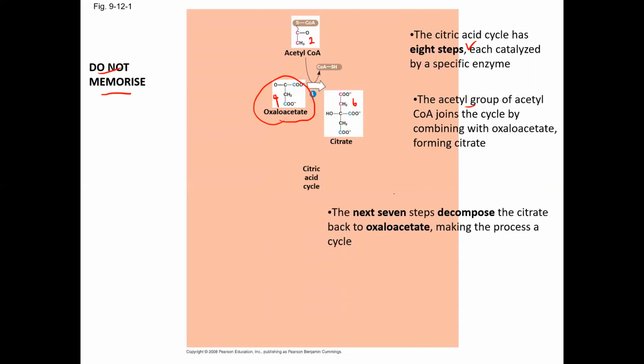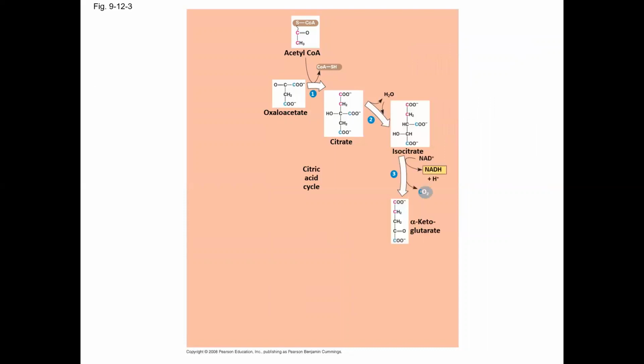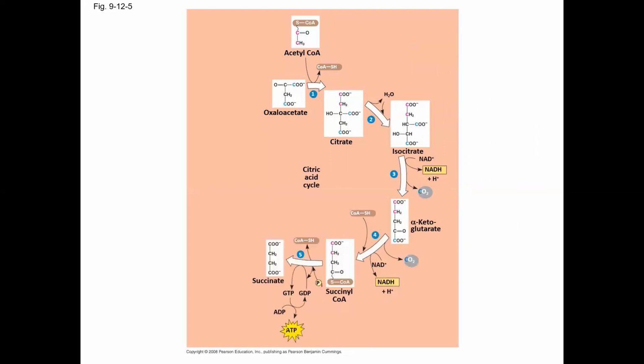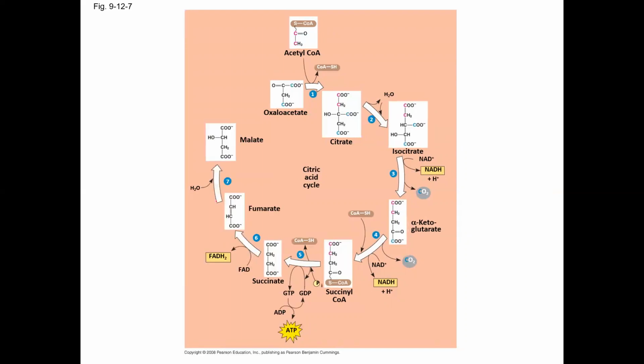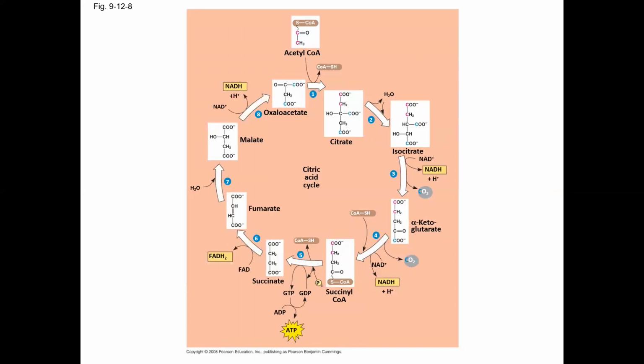Okay, and these next 7 steps, the citrate decomposes back into oxaloacetate. Okay, here goes. Isocitrate, a little bit of NADH is made, carbon dioxide, a bit of NADH is made, a bit of ATP is made, FADH2, a little bit of NADH.